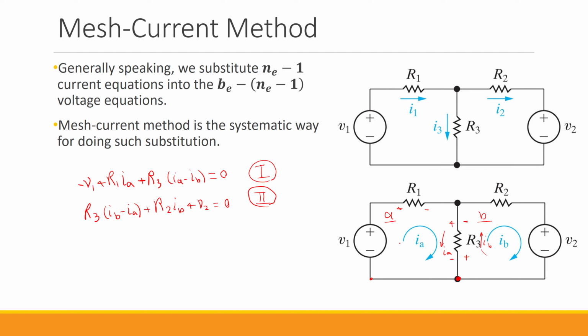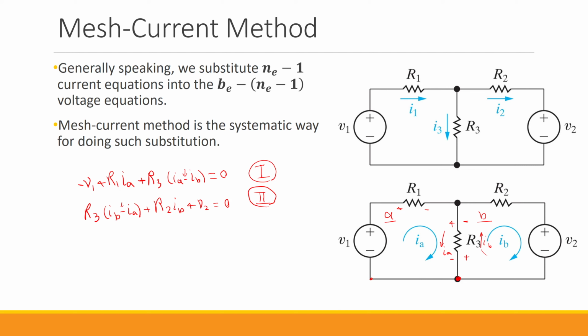And then we write the KVL based on those mesh currents. If there are elements that are common between two meshes, we need to find a relationship between the competing currents. So if they are in the opposite direction, we use a negative sign.